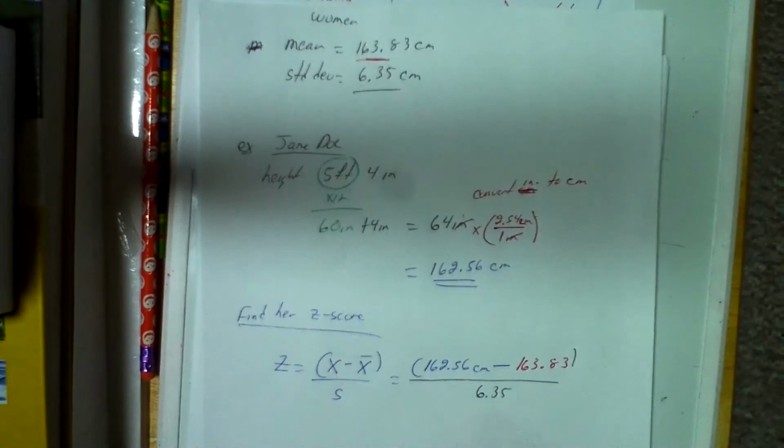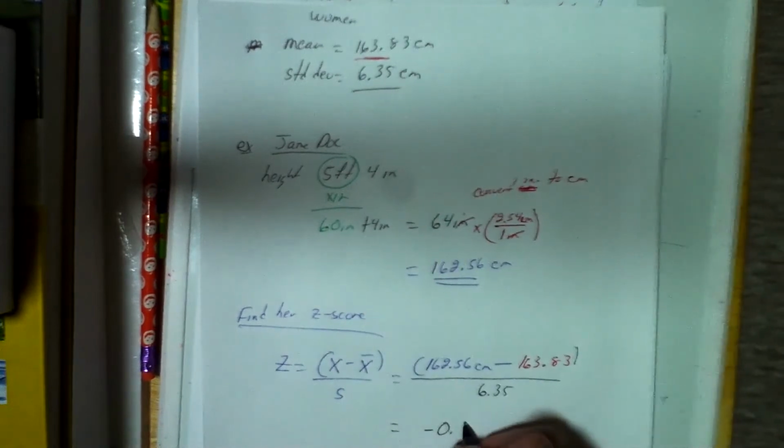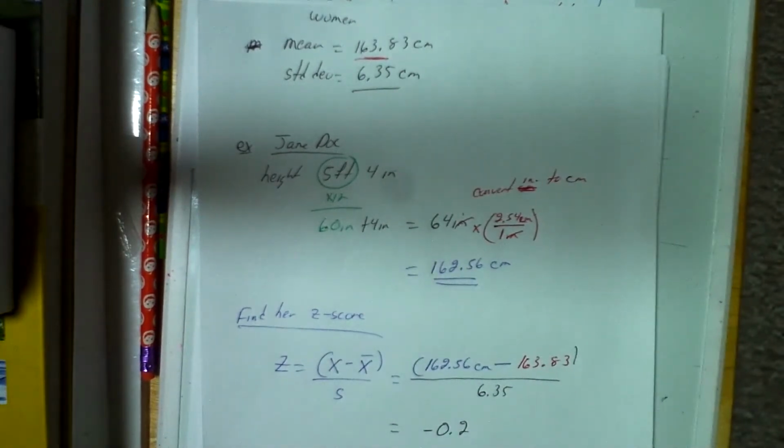And then I punch it in my calculator with the parentheses, of course. 162.56 minus 163.83 divided by 6.35. She has a z-score value of negative 0.2.